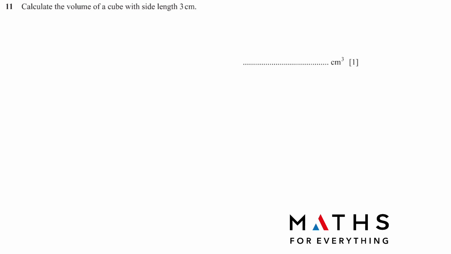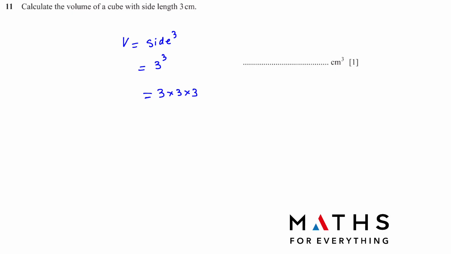Question number 11. Calculate the volume of a cube with side length 3 centimeter. To find the volume of a cube, we use the formula side cube. So it is 3 cube. 3 cube is 3 times 3 times 3.